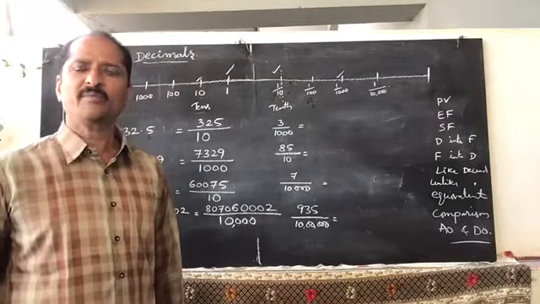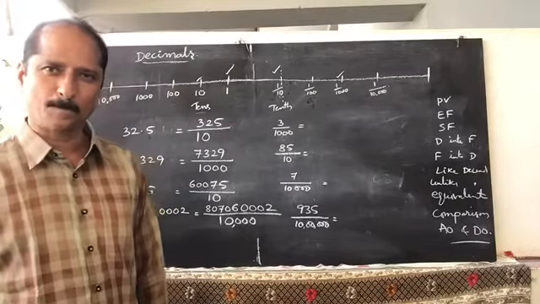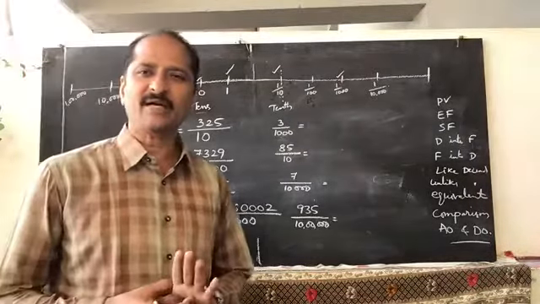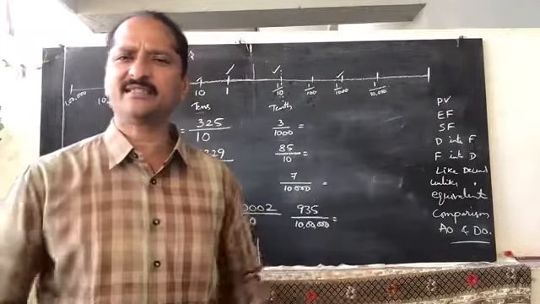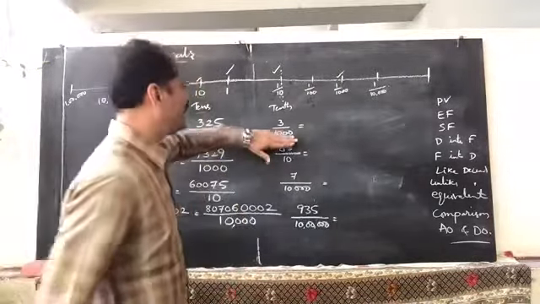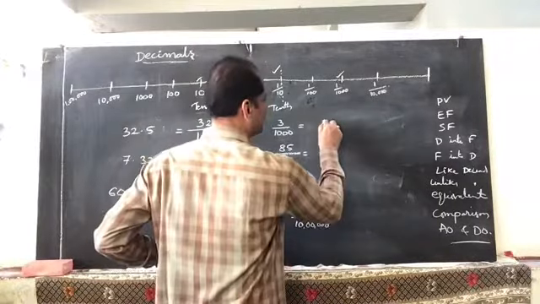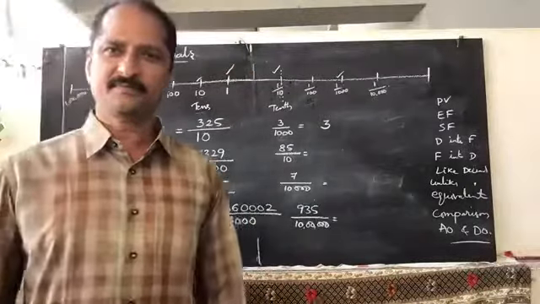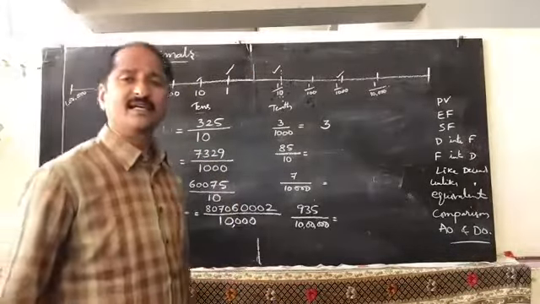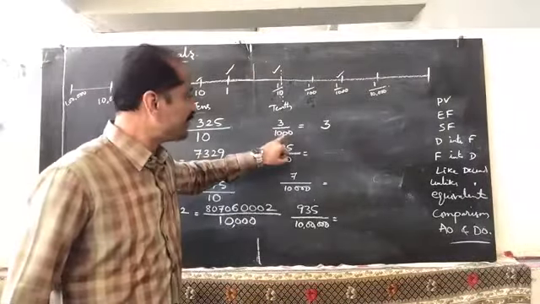Here you have to remember only one thing. That means write down the number as it is. Remove the denominator and write down the number as it is. Only 3 we have. But దీనికే డెసిమల్స్ పెట్టాలి. So 3 is in the 1000th place.